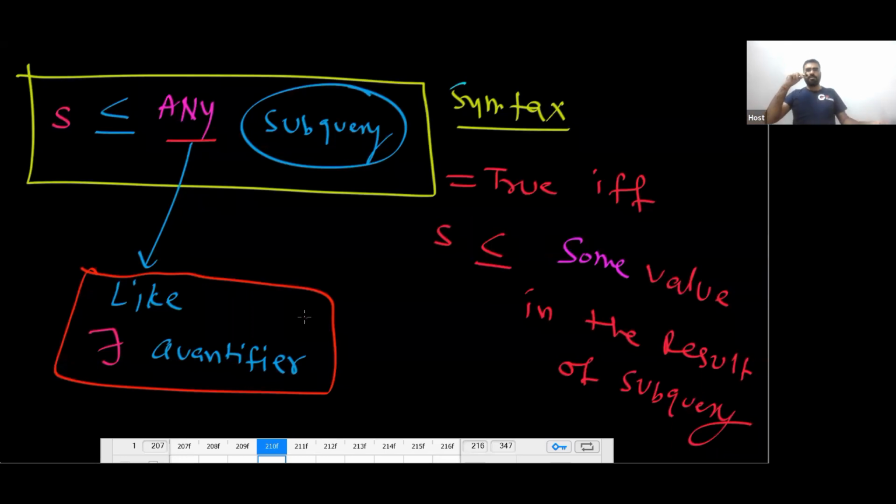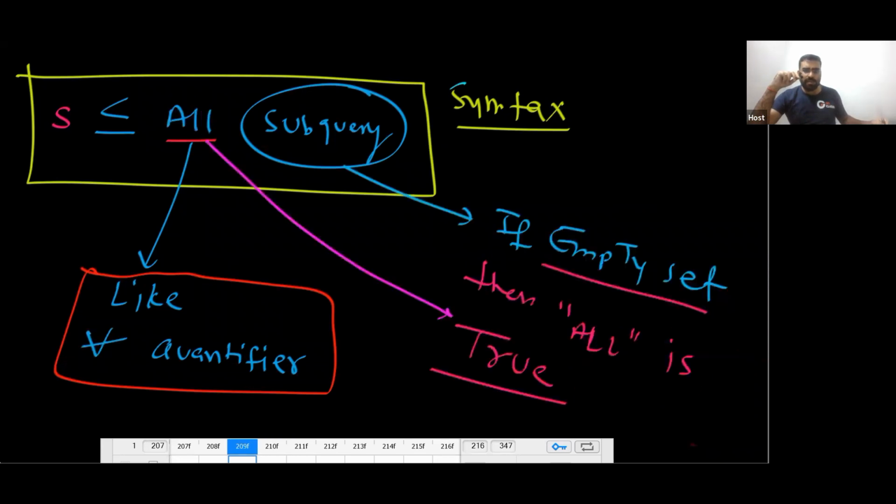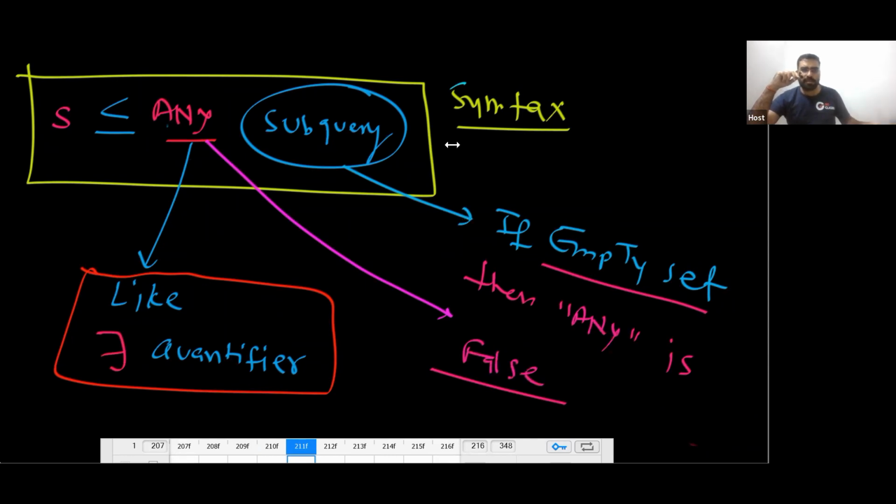Again, the same question: if this is empty and here you have any, an existential quantifier, then what will you say? This any, this some, will be false. We have already seen in discrete mathematics that the existential quantifier for an empty set is false. So these are the syntax.